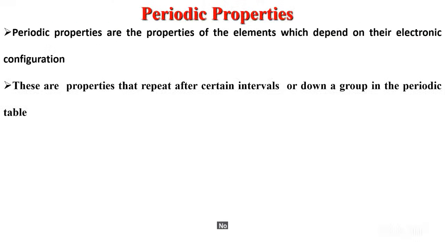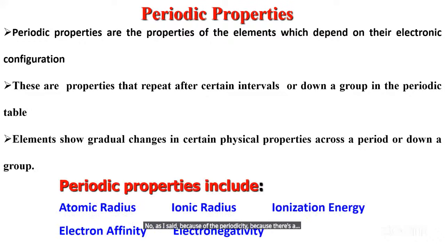Now, as I said, because of the periodicity, because there's a recurring trend, we normally have some periodic properties that we are going to consider. As I said, these periodic properties actually depend on the electronic configuration. So for you to be able to explain periodic properties very well, you must know how to write electronic configuration.